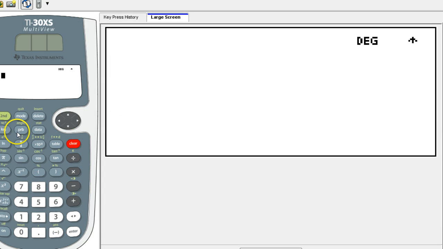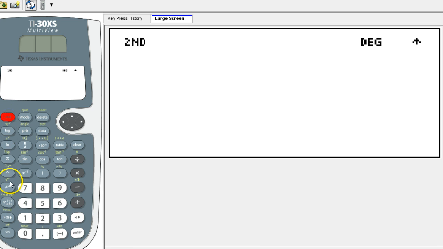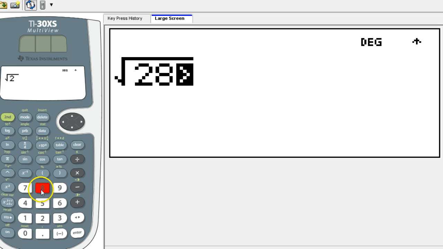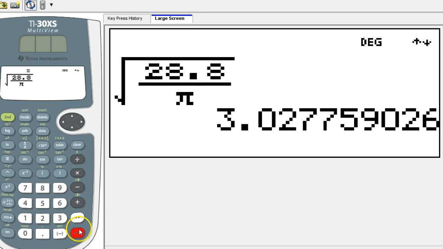So, I'm doing the square root of 28.8 over pi. So that's 3.03 is the radius.